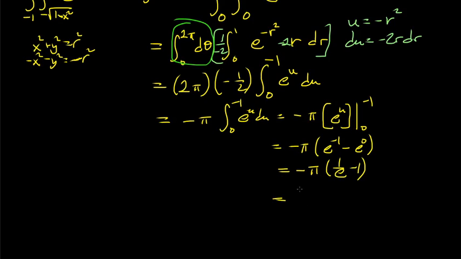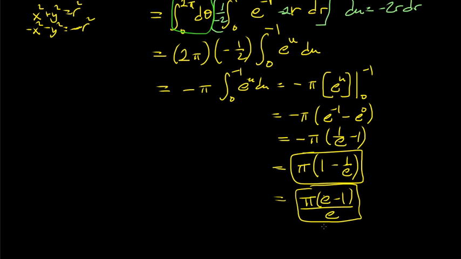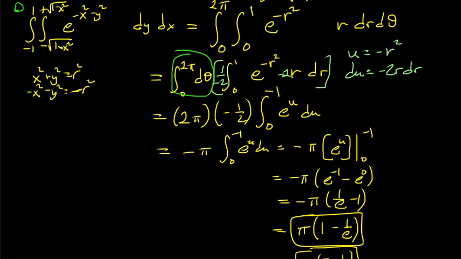And just so you know, this is a positive number. So this is positive pi times 1 minus 1 over e, or if you prefer, pi times e minus 1 over e. And that's the exact value. You're welcome to approximate it if you want, but I'm looking for the exact value here for number 11.